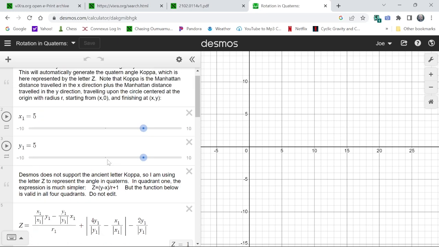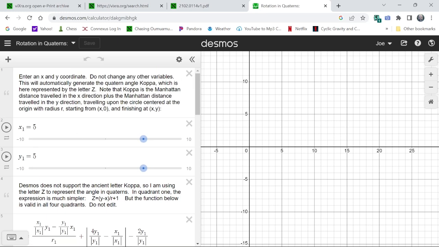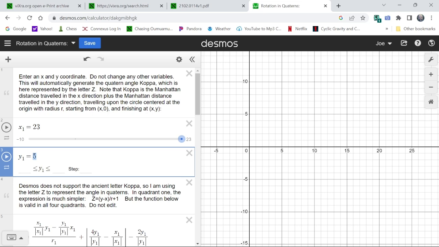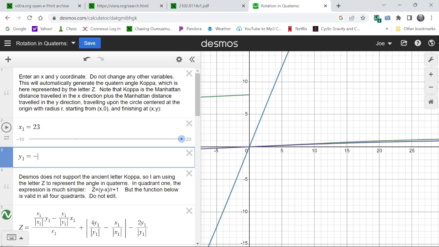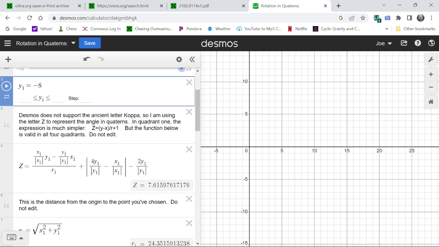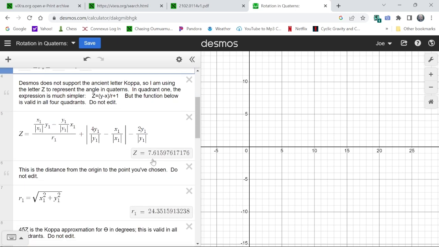If you pick any X and Y coordinates here at this site, let's suppose I just randomly pick X is 23 and Y is -8, then it gives the quatern measure.